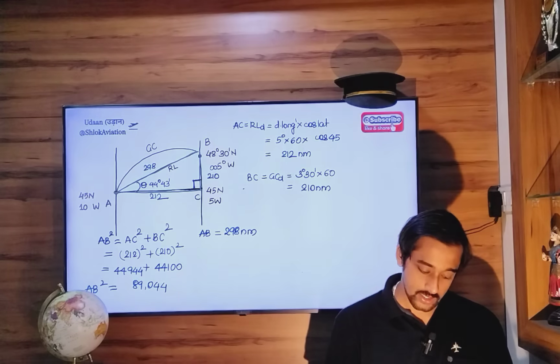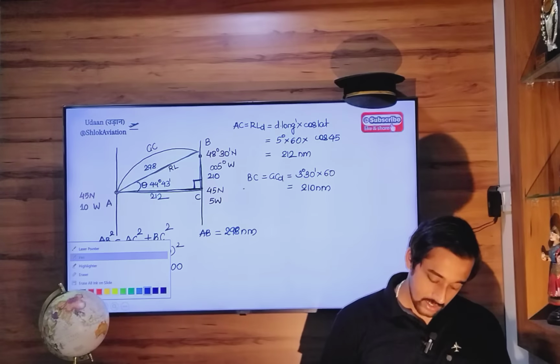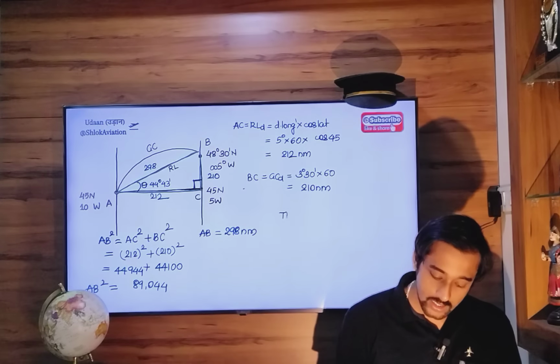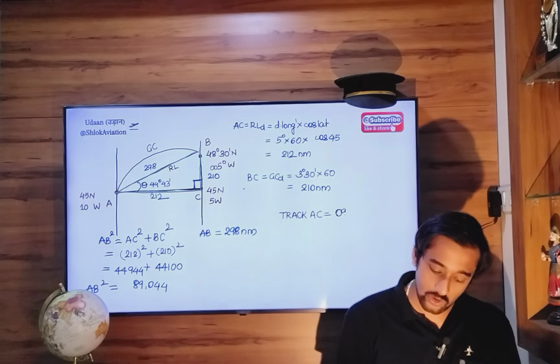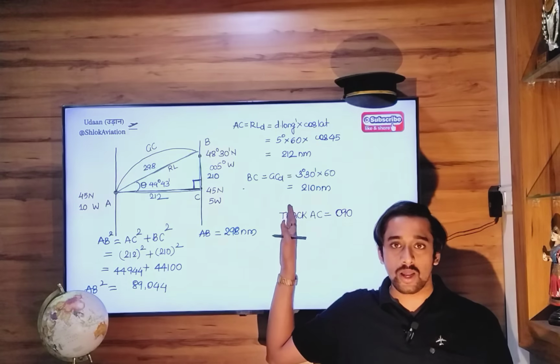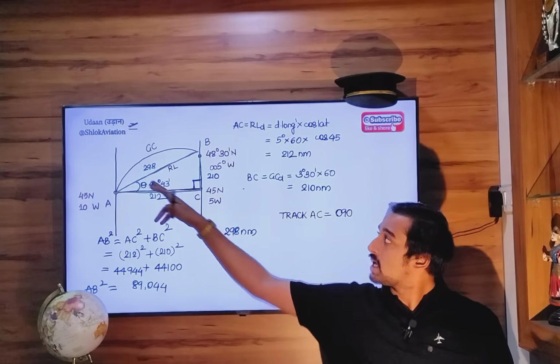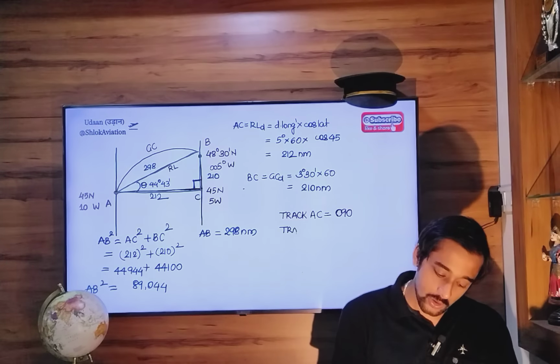Now look at this. Track AC. What is track AC? Track AC is 090. If I want to fly from point A to point C, I will have to fly a direction of 090, easterly direction. What is track AB then? Track AB will be equal to 090 minus 45.